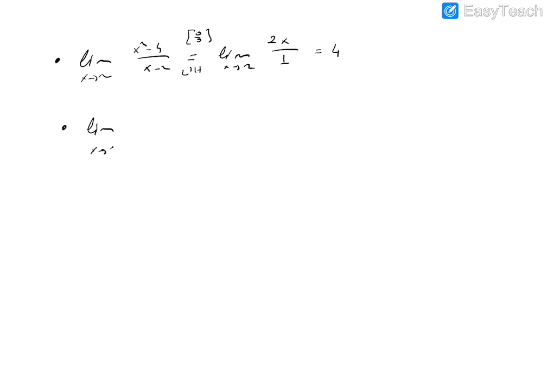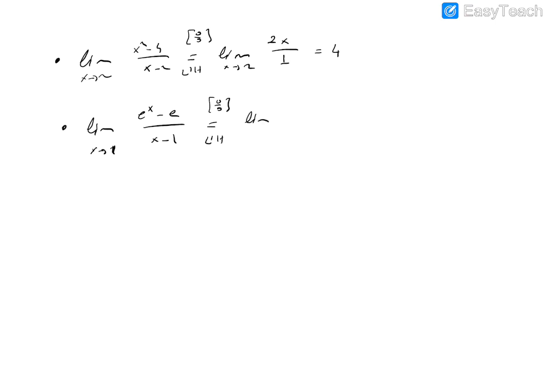As the application, let's show that quickly. For this limit, when x goes to 2, x squared minus 4 over x minus 2, there is a 0 over 0 indeterminate form. So by applying L'Hopital's rule, the derivative of x squared minus 4 is 2x, the derivative of x minus 2 is 1. So this limit is 4, by L'Hopital's rule. For the second one, the limit as x goes to 1 of e to the power x minus e over x minus 1, here we have a 0 over 0 indeterminate form.